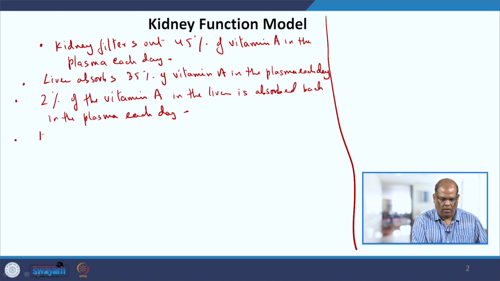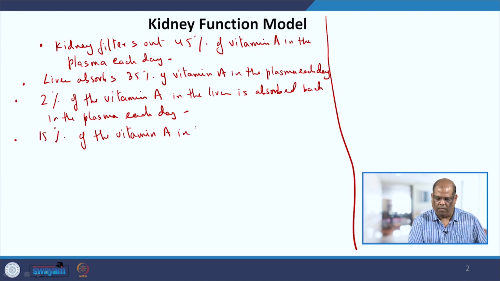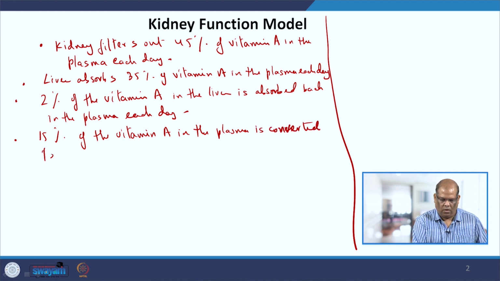Next one, 15% of the vitamin A in the plasma is converted to some chemical B.